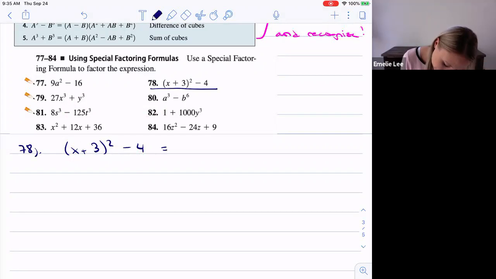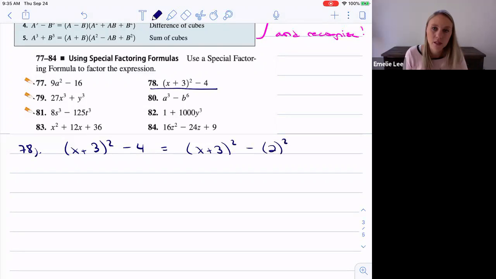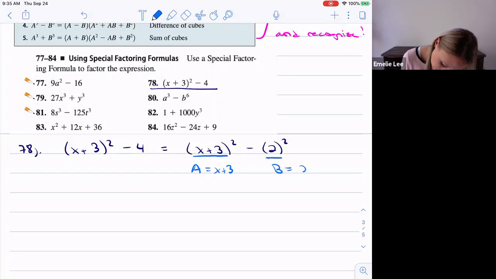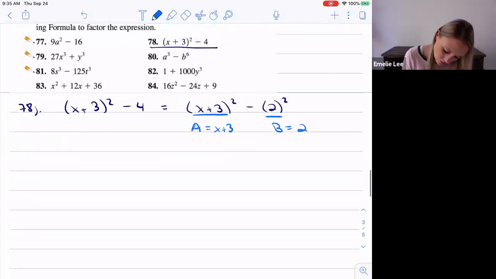So this is x plus 3 squared minus 2 squared. And now all of a sudden, I've got a equals x plus 3 and b equals 2, which means I can rewrite this as a squared minus b squared.